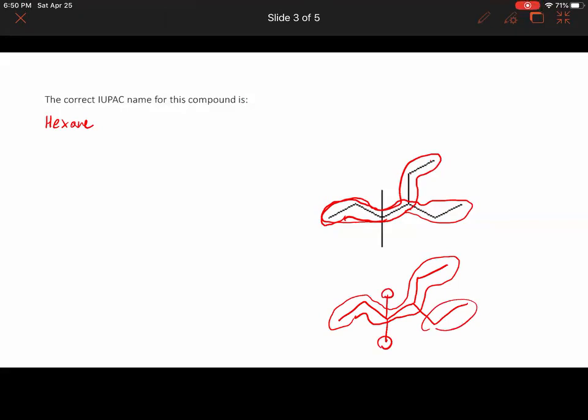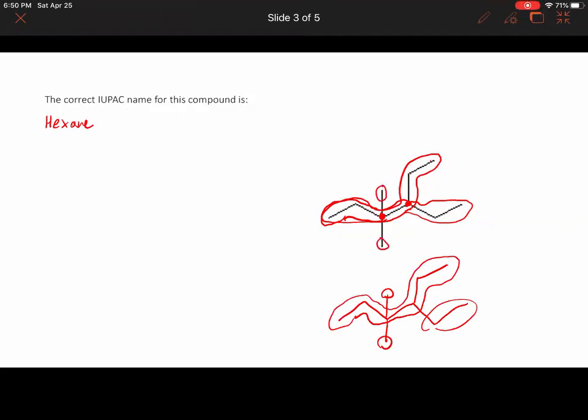Now, the next thing to do is to number the main chain starting from the end closest to a substituent. You can see that both of these are 3 carbons away from the first substituent, but this has 2 methyl groups.